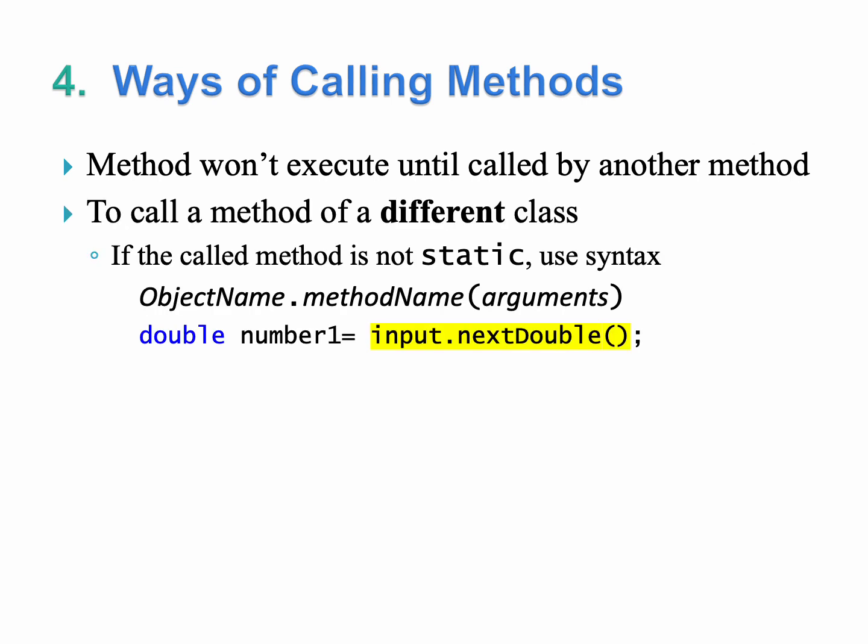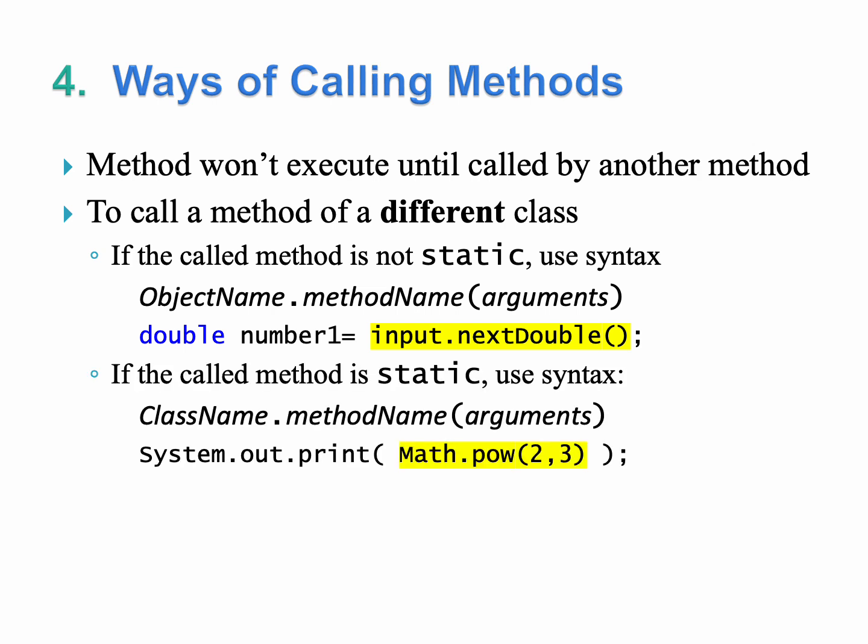To call a method of a different class, you have to specify the class name or an object name depending on whether the called method is a static method or not. If the called method is not static, then use the syntax that starts with the object name and then the dot and then the method name followed by arguments in parentheses.